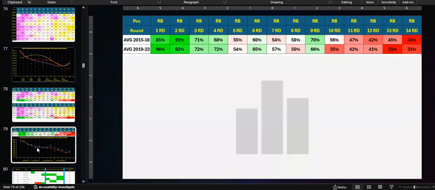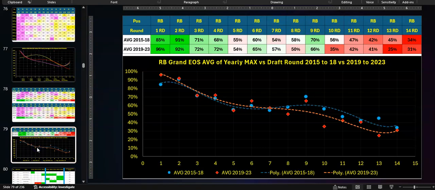And let's look at those trends. So if we just line up the averages, 15 to 18, 19 to 23, what are we seeing here? I think the tendency is a high early and a decline, and then whether things happen after round 9 or not, I think it was more pronounced in 15 to 18 if you look at the blue line, and then a decline.